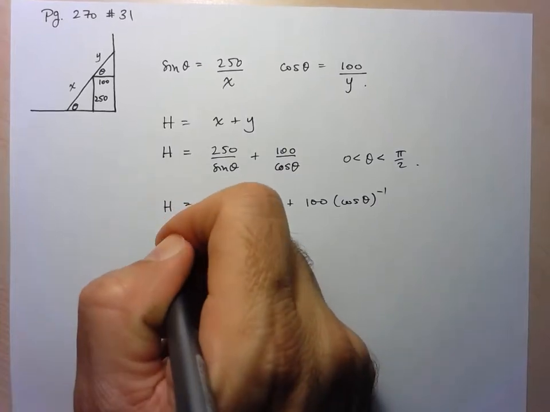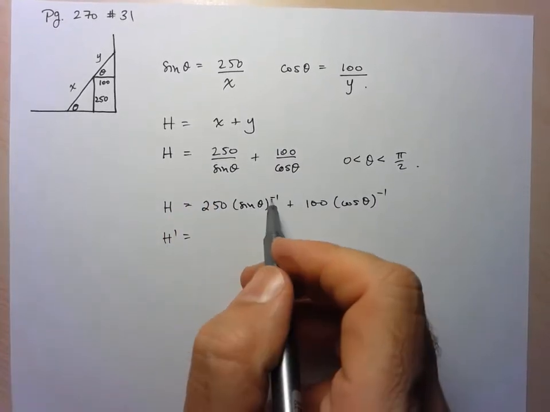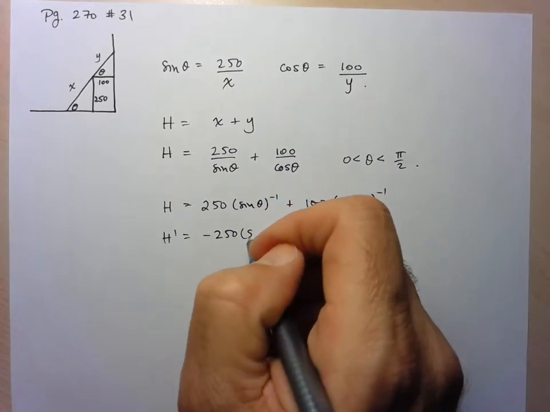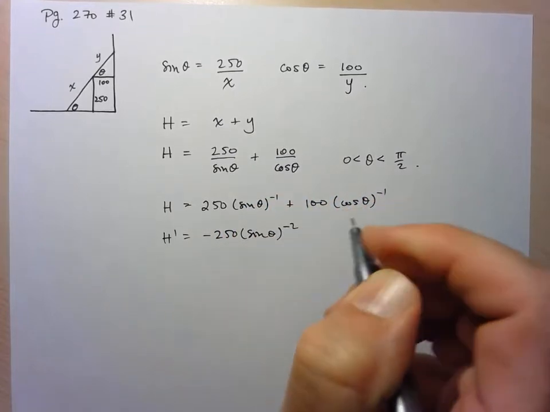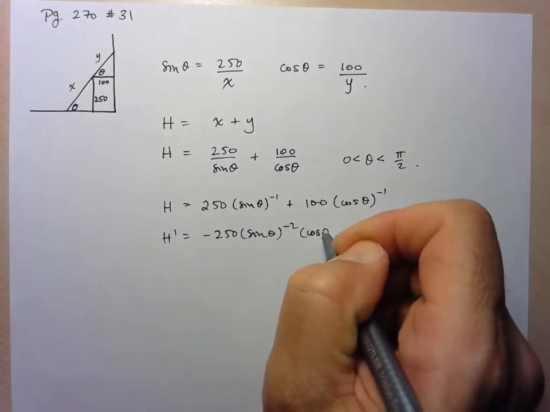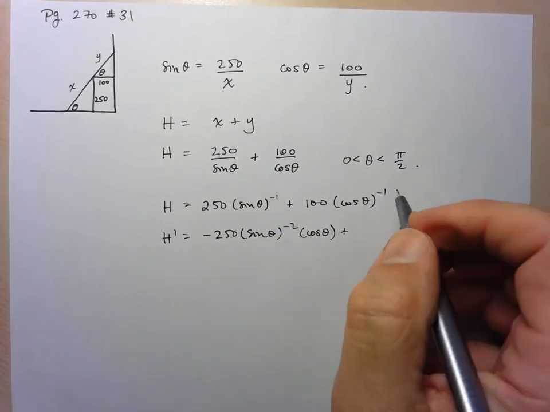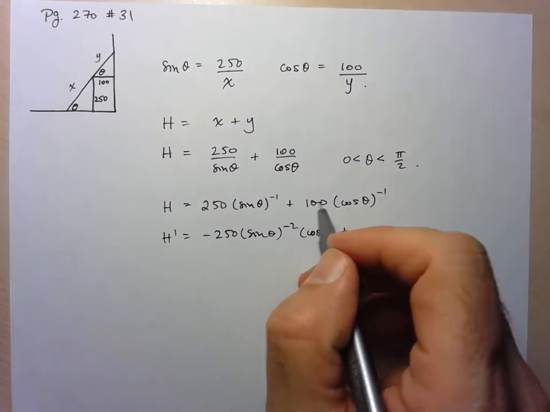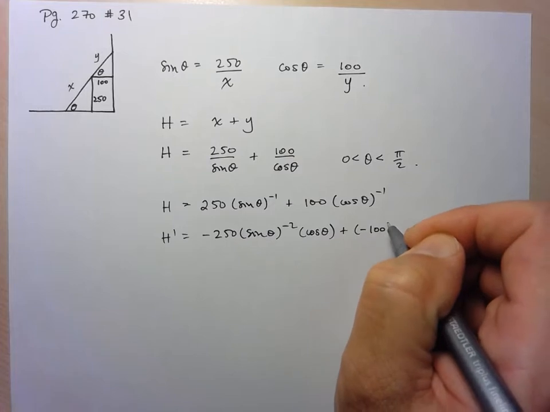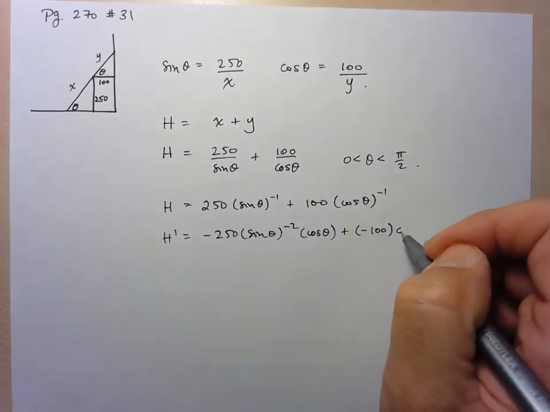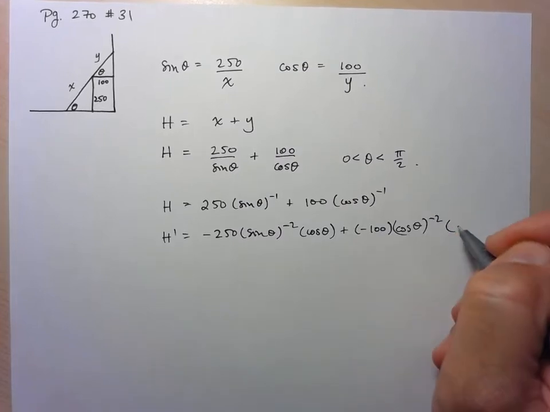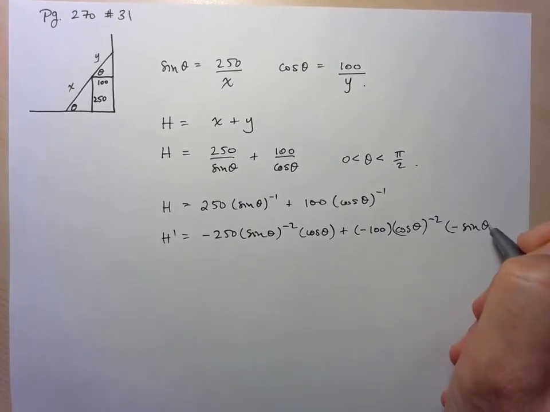So h prime is just going to be equal to negative 1, so negative 250, times sine theta to the negative 2, and then times the derivative of sine theta, which is just cos theta, plus, here again we've got that negative 1 that's going to come down, so negative 100, times cos theta to the negative 2, and then the derivative of cos theta is negative sine theta.